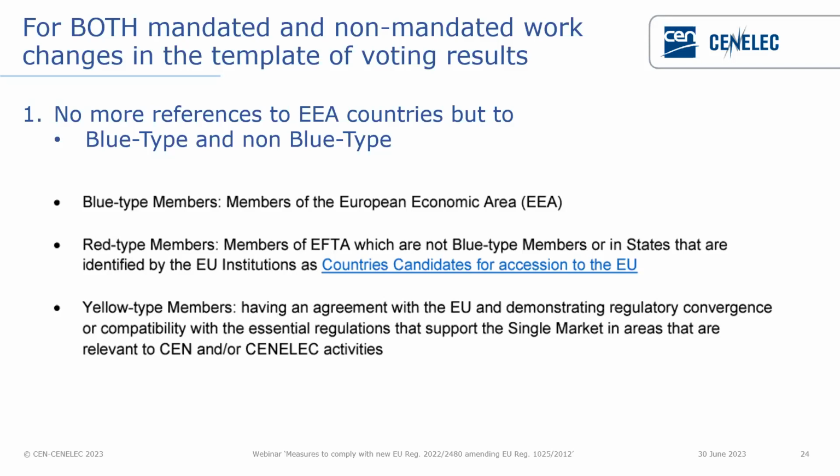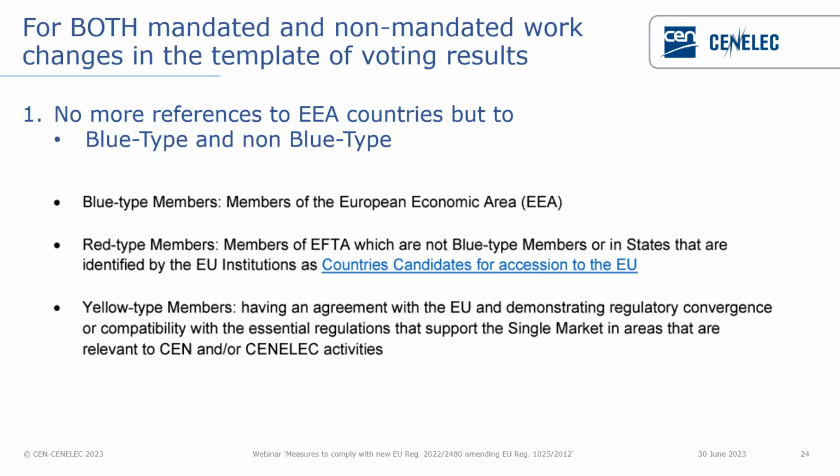The first change: you will no longer find any reference to the EEA countries, but to blue type or non-blue type. We use the exact terms as defined in Internal Regulation Part 1, and here you have the exact definition of what is a blue type, a red type, and a yellow type.